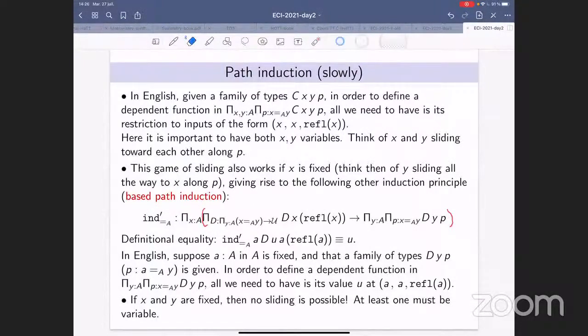The answer given by this induction principle is that you can produce such a function, provided you define it in the special case where Y is X and where P is the reflexivity. So it's the same idea. Everything is reduced to reflexivity, but here you have first fixed one point.